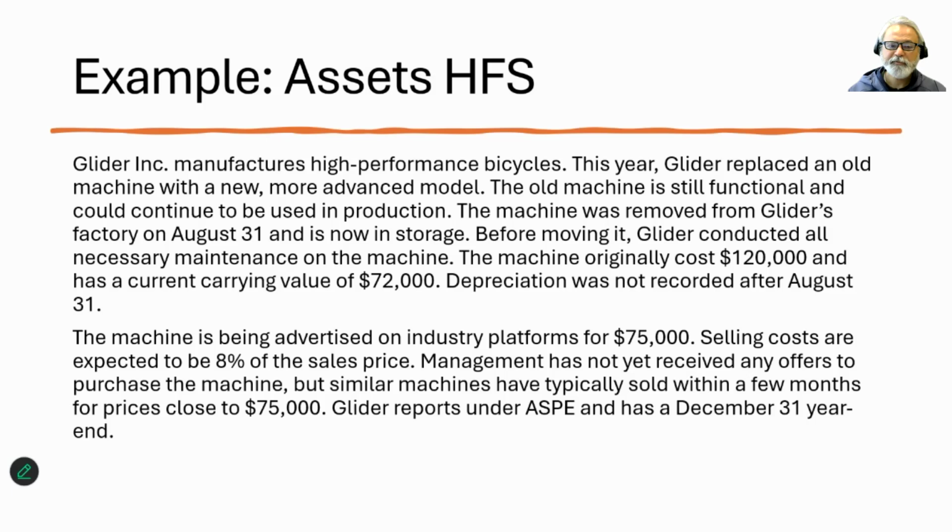The machinery is being advertised on industry platforms for $75,000. Selling costs are expected to be 8% of the sales price. Management has not yet received any offers to purchase the machine, but similar machines have typically sold within a few months for prices close to $75,000. Glider reports under ASPE and has a December 31st year end.